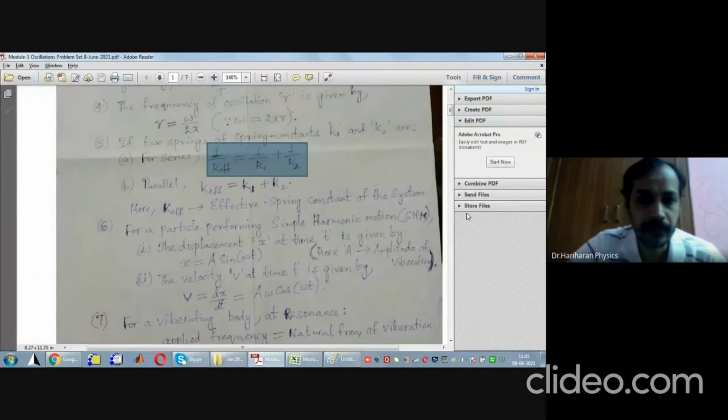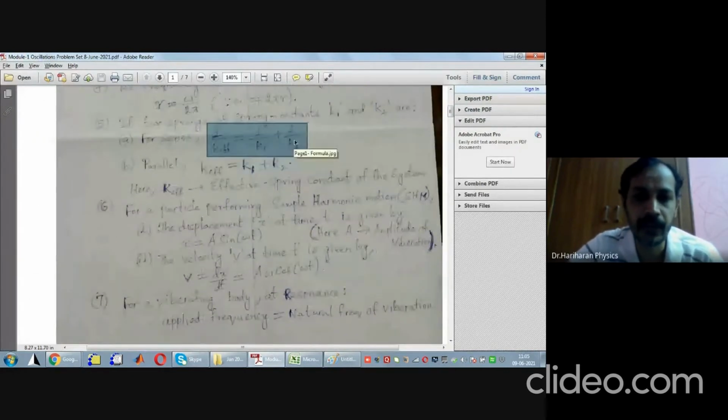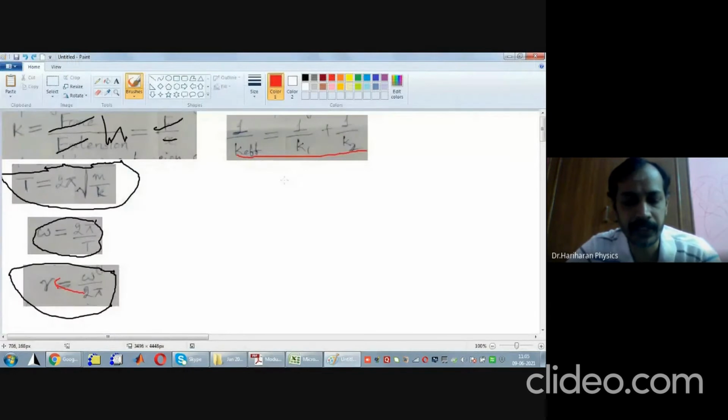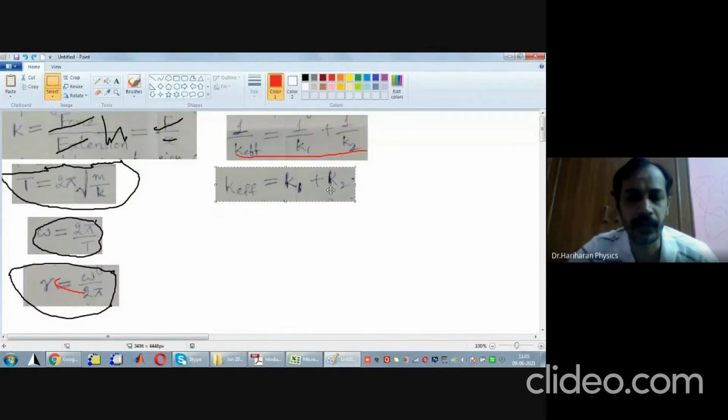Next, if the springs are connected in parallel, then the effective spring constant of the parallel combination is given by k effective is equal to k1 plus k2. This is formula 5a, for series, and this is 5b, for parallel.